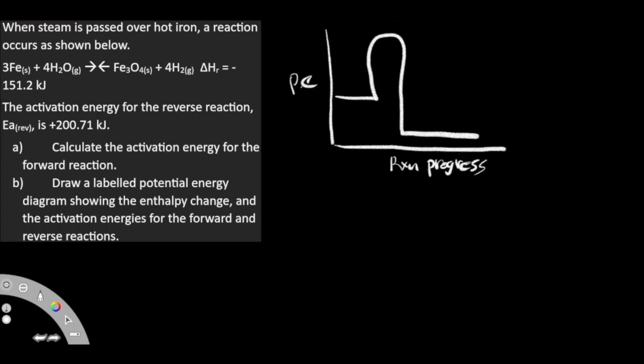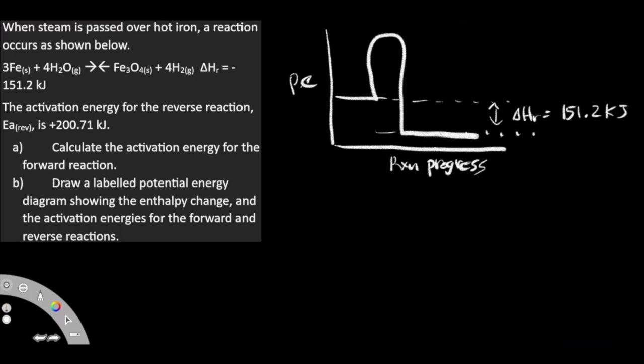In terms of potential energy, the difference between this reactant over here and our product over here is going to be 151. So maybe I'll put delta H R is equal to negative 151.2 kilojoules, hence why our product is lower.